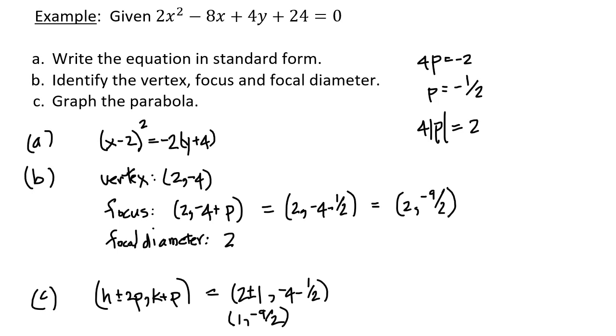So these 2 points will be 1, negative 9/2 and 3, negative 9/2. That has a length of 2. The vertex is at the point 2, negative 4. The focus is 2, negative 9/2. The directrix is y equals negative 7/2. The two ends of the latus rectum are 1, negative 9/2 and 3, negative 9/2. And here is my parabola.